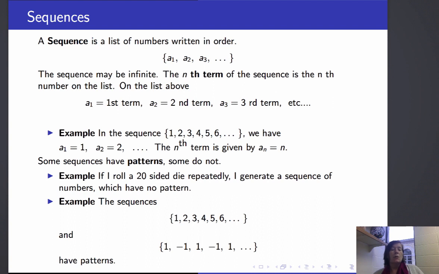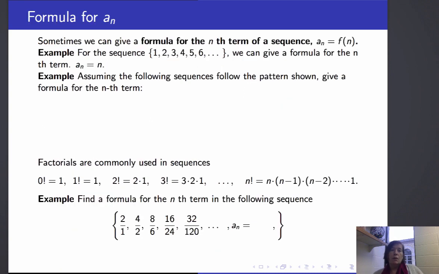It's either going to be 1 or -1, and if the current term is 1, it's going to be -1, and vice versa. We can find a formula sometimes for the nth term of the sequence. We can figure out what the pattern is and write down a formula for the nth term. And we've already done this for the sequence 1, 2, 3, 4, 5, 6. We know that the nth term is going to be n.